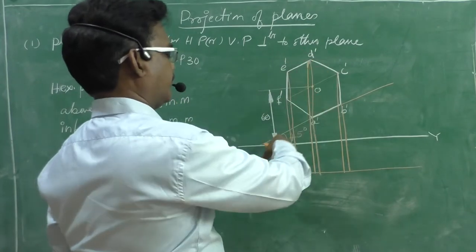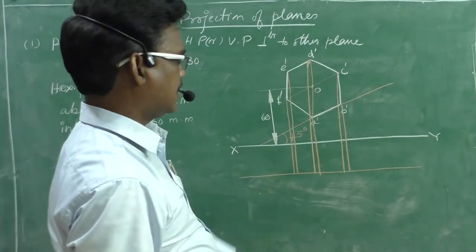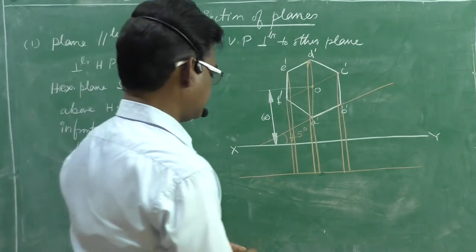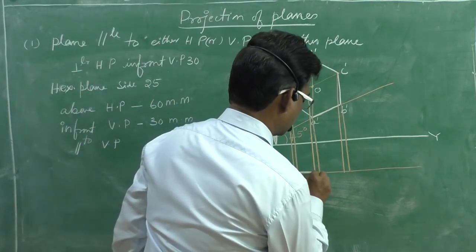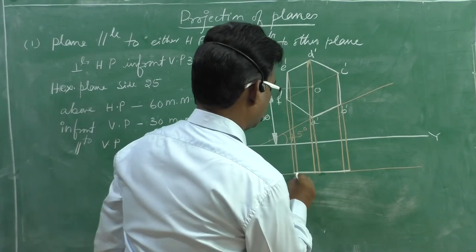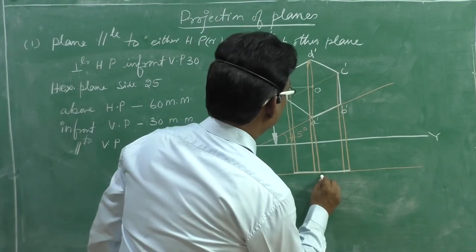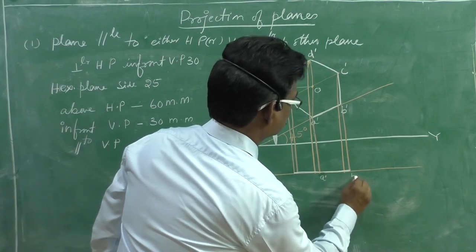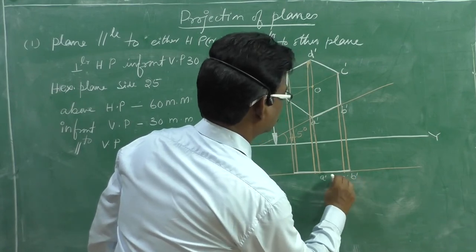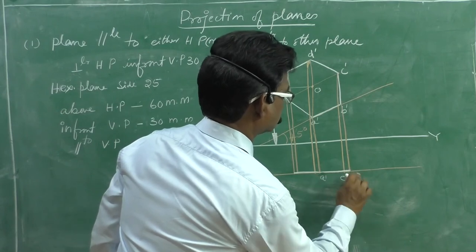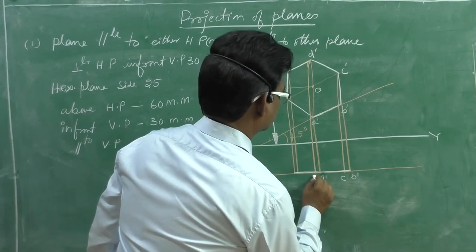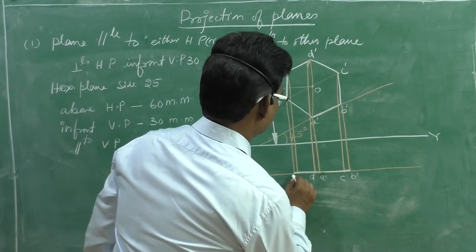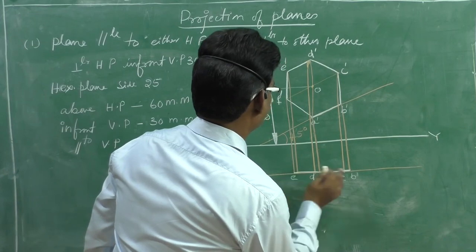If I consider 45, the lines will be like this. That is the reason I adjusted it, right? Now, we need to darken the required portion. This is the required one. And this is A dash, this is B dash, C dash, sorry, A, B, C. Next, this is D. This one is E. E will come out and F will be inside.